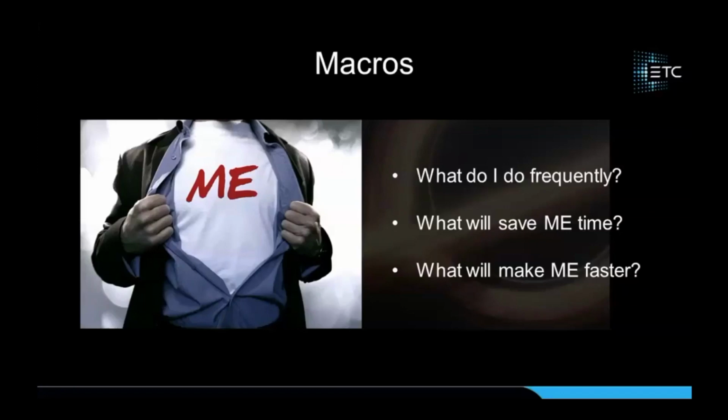But there's not going to be a secret sauce. If Abel just gives me his file, I'm not going to all of a sudden have all of Abel's skills and abilities because I have his show file. It's customized to him, and so is every programmer's. So these are kind of the key points you want to think about when you're setting up your macro organization.